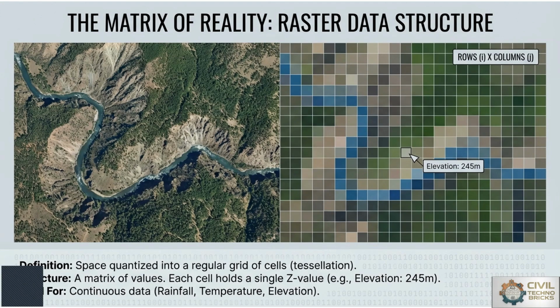So the matrix of values is the structured format for raster data. Each cell holds a single Z value, which is the elevation, shown as 245 meters. Means X length, Y width, and Z is the elevation, just like an elevation model. So this is more suitable for continuous data collection, just like rainfall data, temperature data, variation in temperature, or variation in elevations of buildings or any crop-like structure.